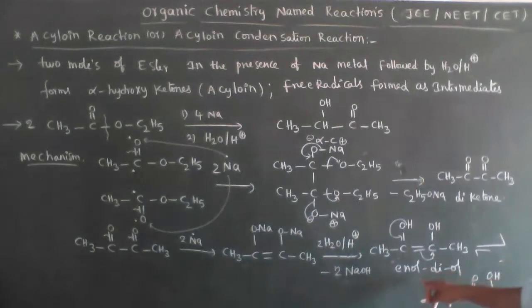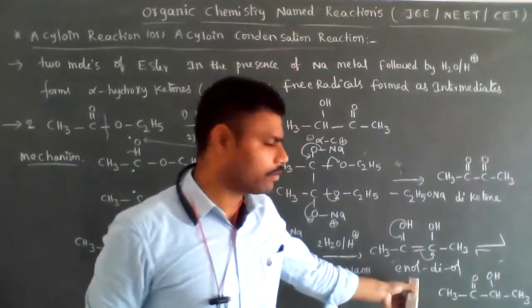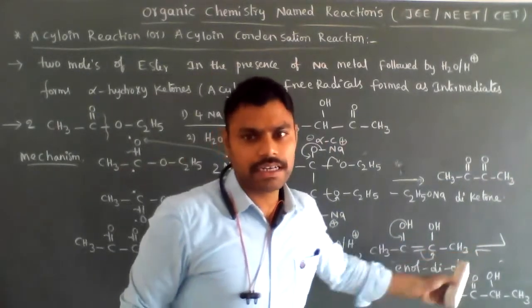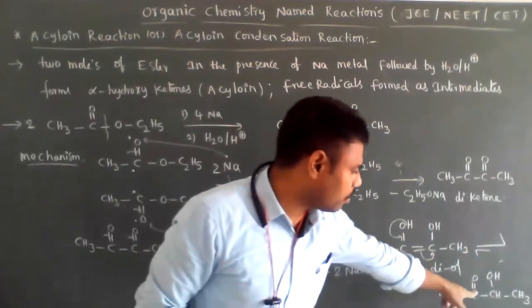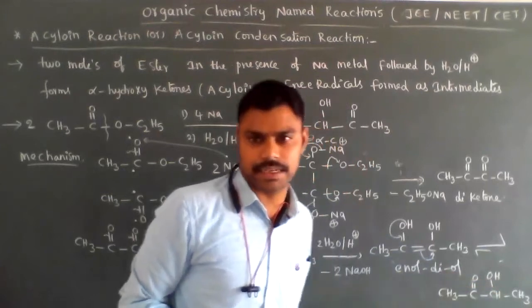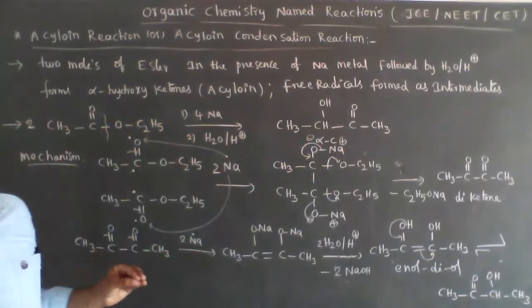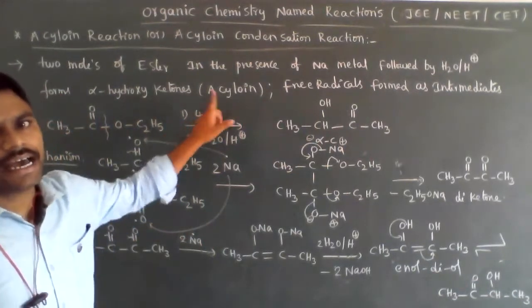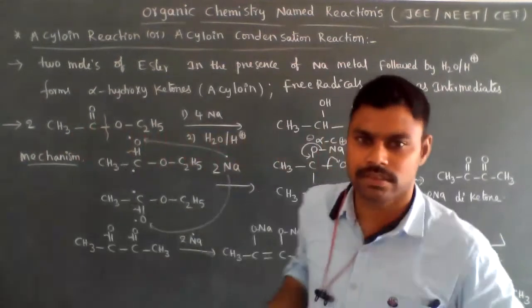Then we get the enediol, an intermediate, which rearranges to the keto form through keto-enol tautomerization. Finally we get CH3C(=O)CHOHCH3, meaning alpha hydroxy carbonyl compounds or alpha hydroxy ketones known as acyloins. So this is known as the acyloin reaction or acyloin condensation reaction.